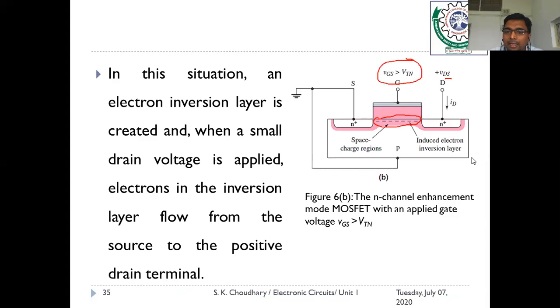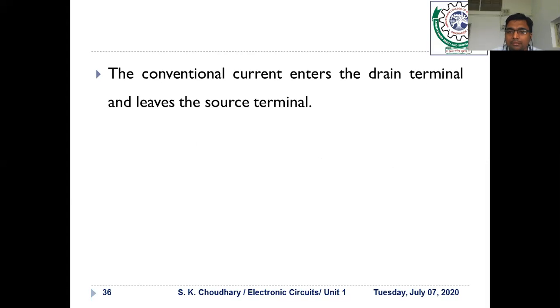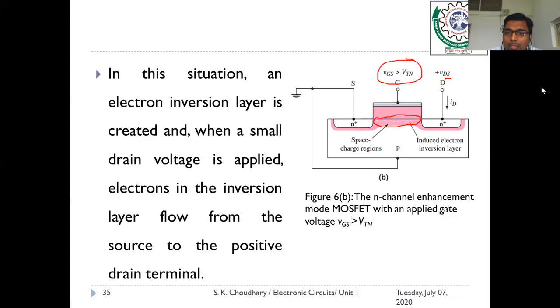Here, because the reverse bias is there, there is no possibility of current flow through the drain to substrate junction. It is only possible through the channel.